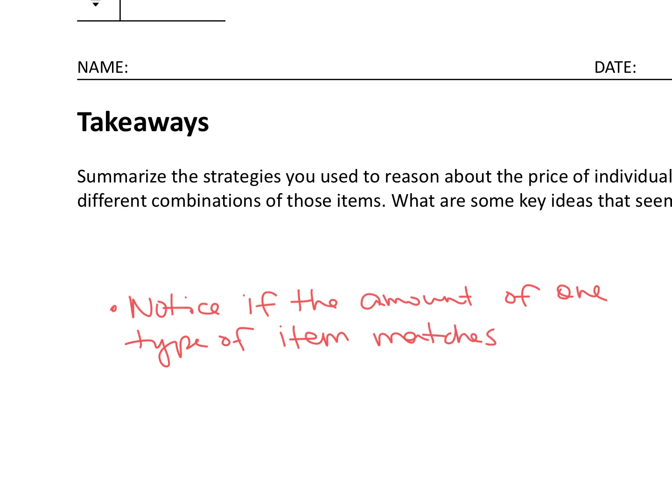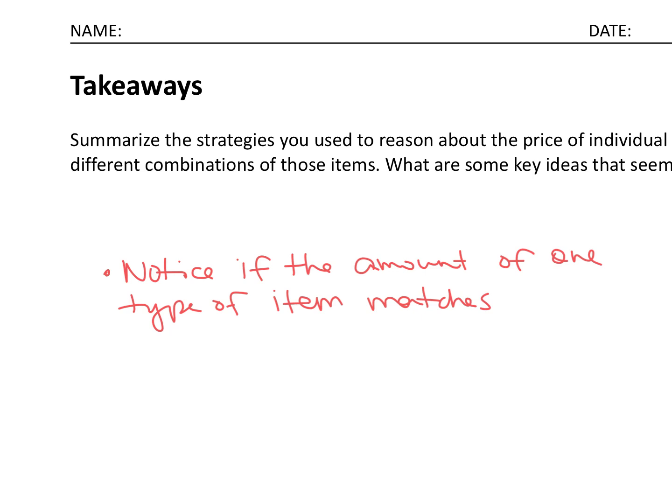Okay, if that's the case, then we could just subtract the totals for the 2 shopping trips, and whatever money is left over must account for the extra items of the second item purchased. So I think that is a good observation.